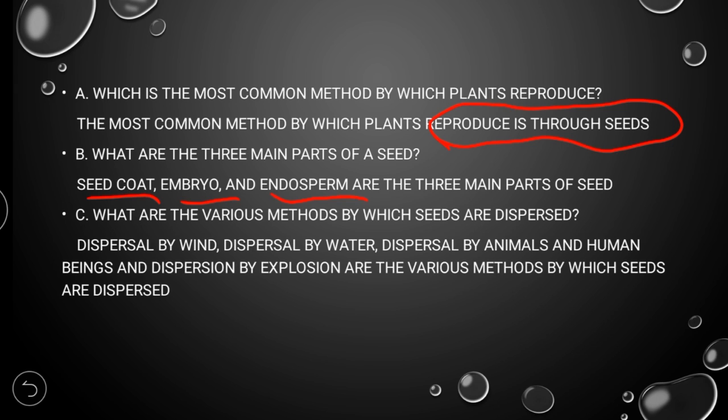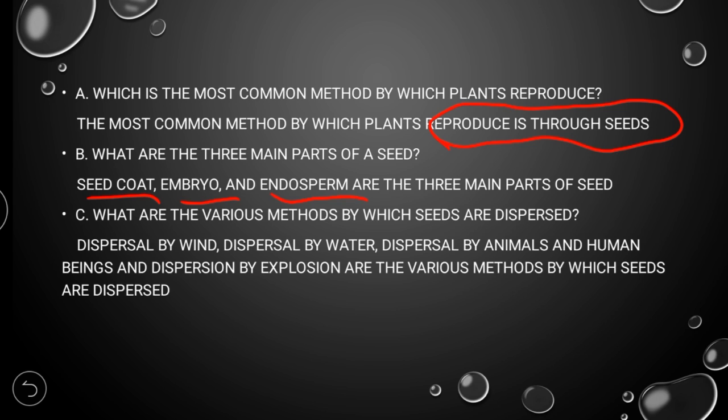Do you understand? What are the various methods by which seeds are dispersed?